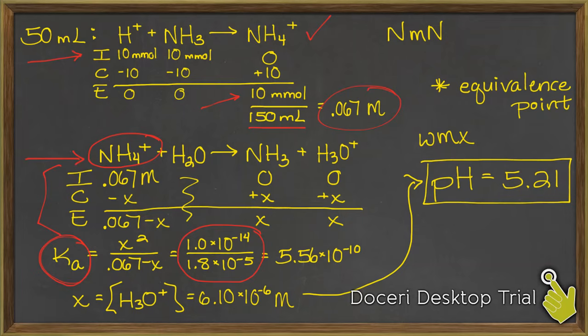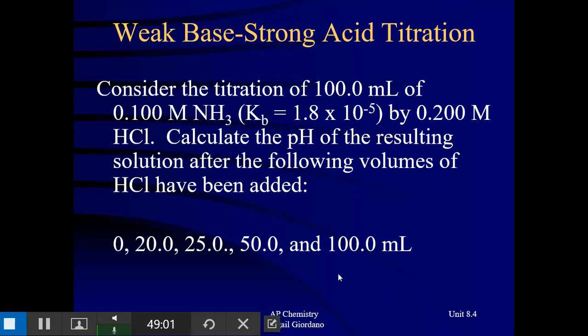The last example that we did, where we had weak acid and strong base, the pH at equivalence was above 7. Here we have weak base, strong acid. The acid is going to be more dominant, so the pH falls in the acidic range at equivalence point, below 7.